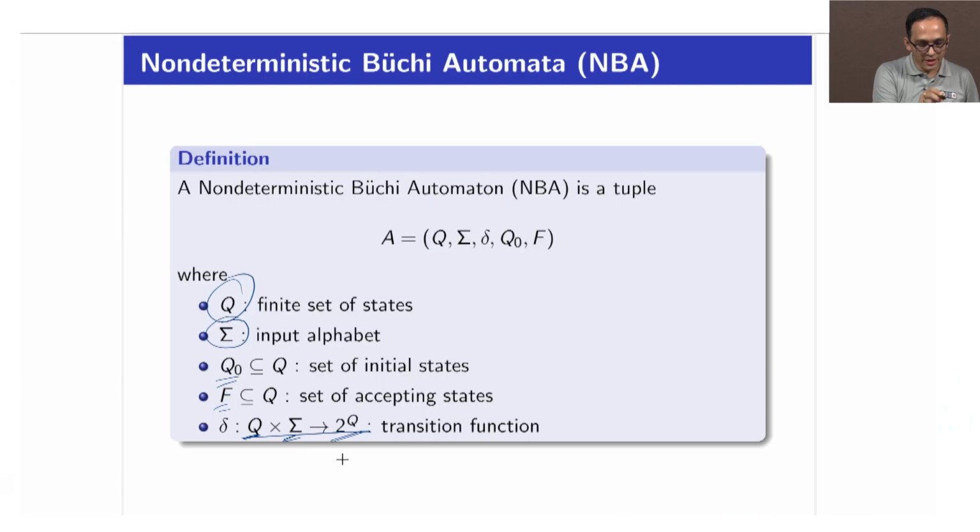In a DBA, everything is the same, only the delta will be Q times input to Q. So if you give a state and an input, it goes to one other state. Here it is the power set, so corresponding to every state for every input you go to some subset of states. So, this is the formal definition.